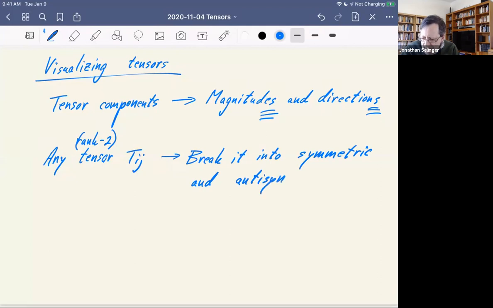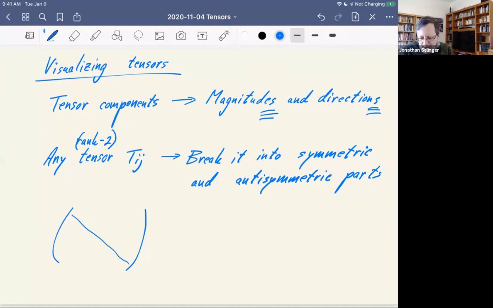To make sure you know these terms, a matrix is symmetric if the things in the northeast corner equal the things in the southwest corner.